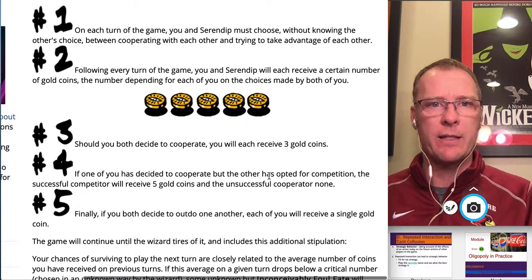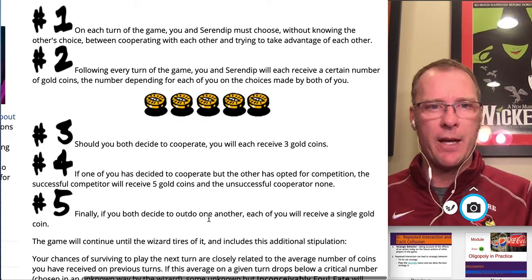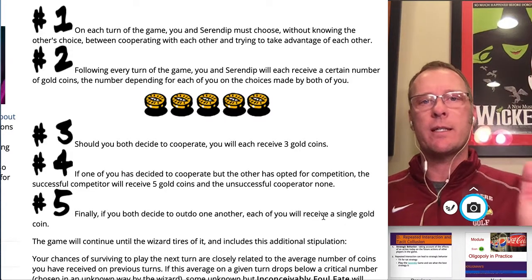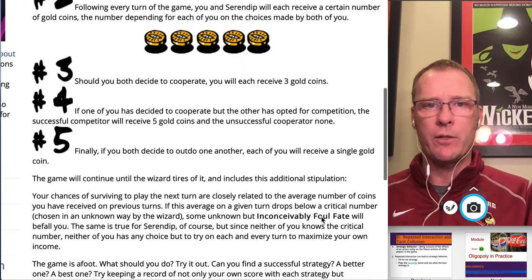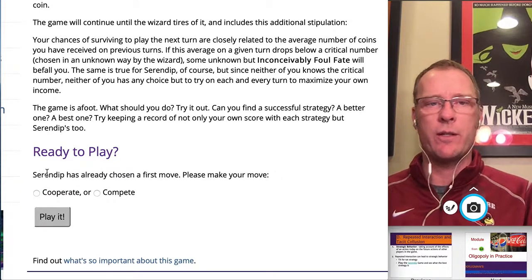If one of you decides to cooperate and the other decides not to, the successful competitor gets 5, unsuccessful gets none. If you both decide to outdo one another or compete, you each get a single coin. You can set it up and figure out what you're supposed to do, and what your dominant strategy is. And then when you play, you just have these choices of these boxes. Cooperate or compete, play. Cooperate or compete, play.